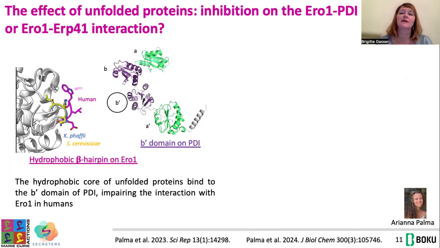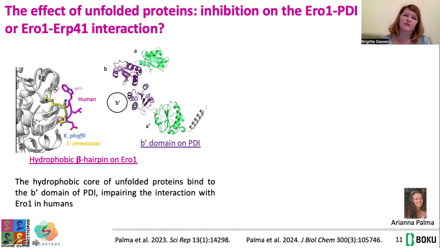So with this, we were wondering what can be the activity of ERP41. And one thing that is known for the human ERO-PDI system is that unfolded proteins bind to the B domain of PDI through the hydrophobic core, thus impairing the interaction with a hydrophobic hairpin on ERO1.